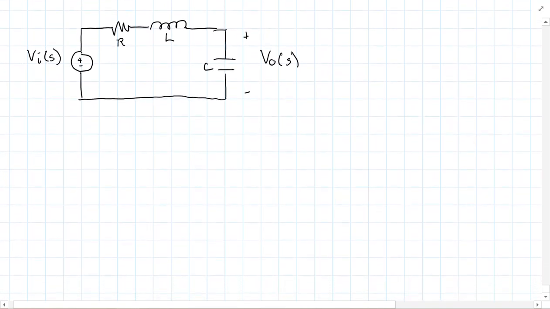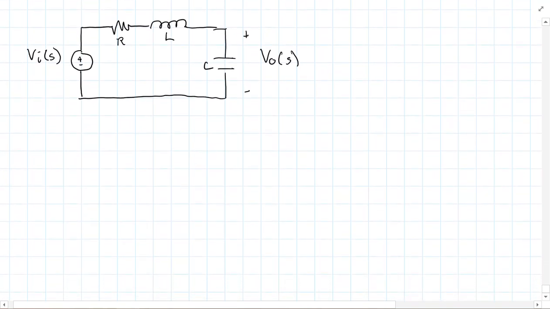Alright, let's pick some real numbers here. I paused it just to come up with some component values. We'll do a 4 ohm resistor, a 1 Henry inductor, and a 1/4 farad capacitor.